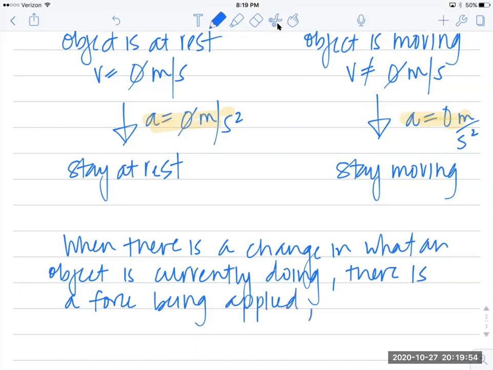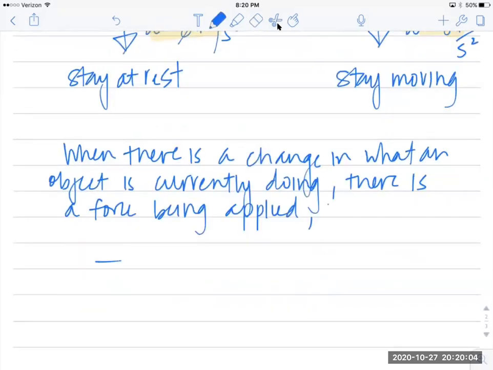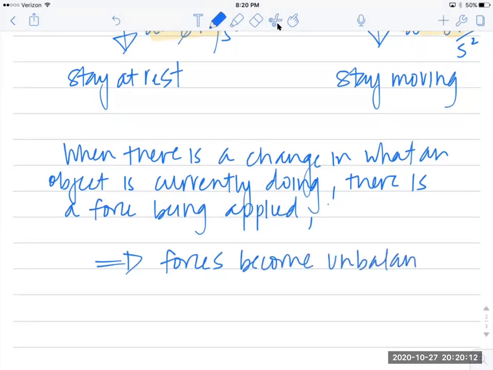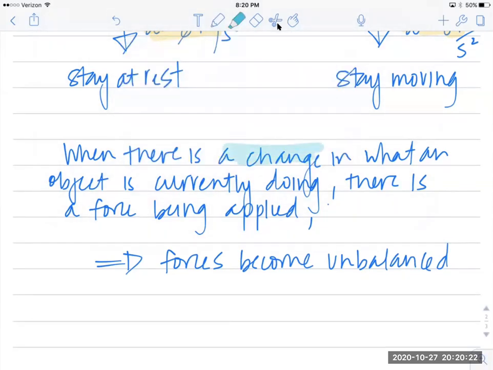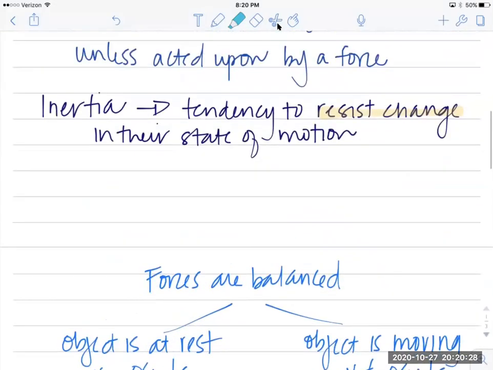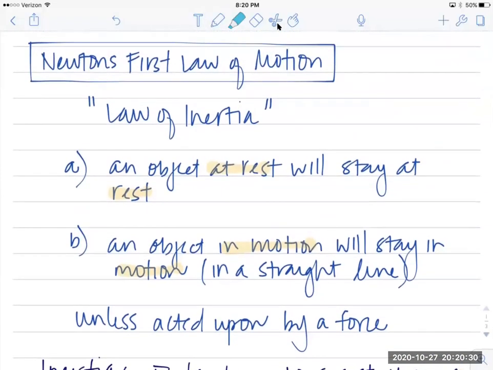Or, more generally speaking, the forces in the middle here become unbalanced. So if there's a change in what the object is doing, then you know that the forces have become unbalanced. All Newton was trying to say is that things are going to continue.